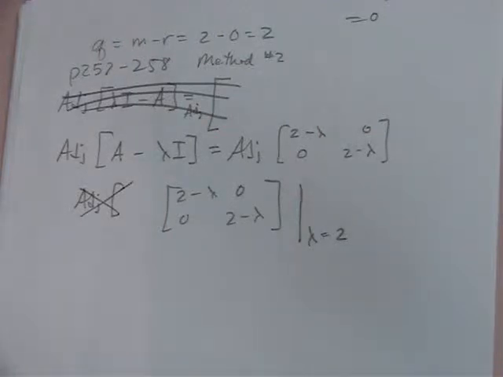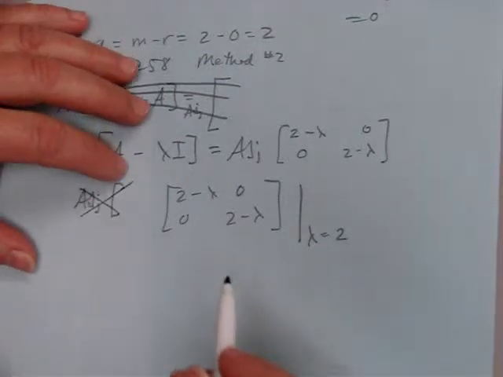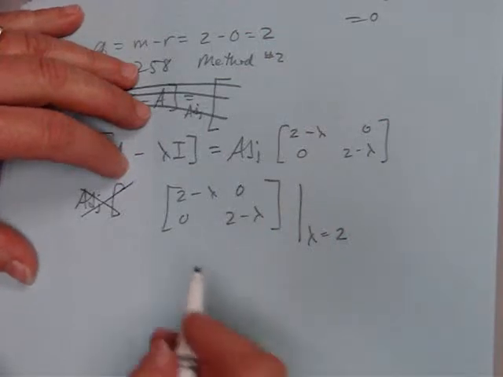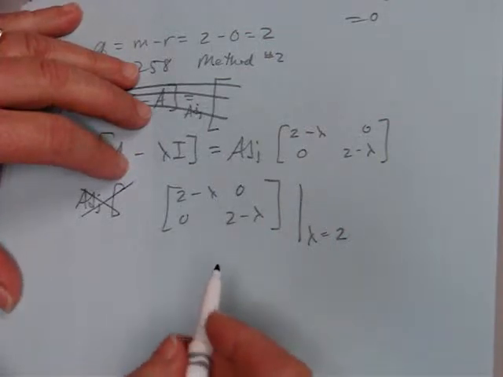It's a bit confusing, but what we need to do then is, as it discusses on page 258, use derivatives of the adjoint matrix.